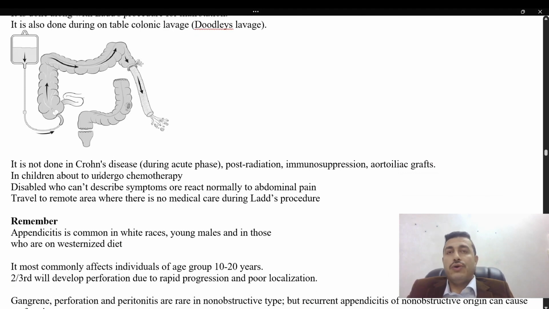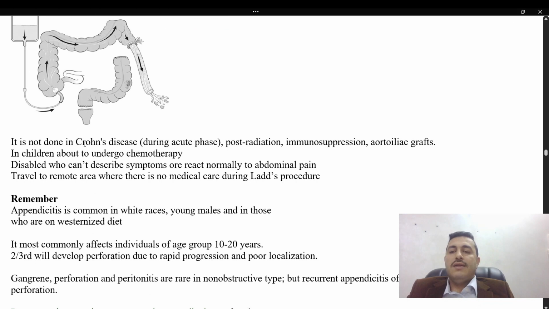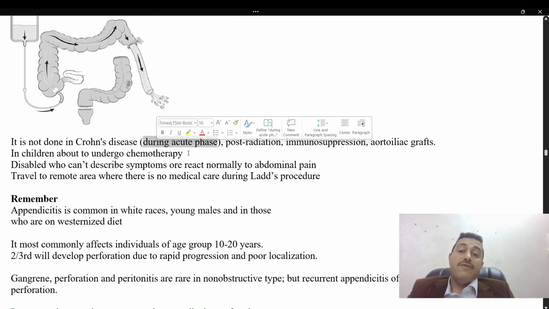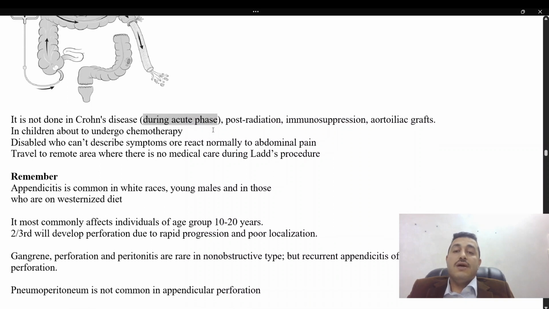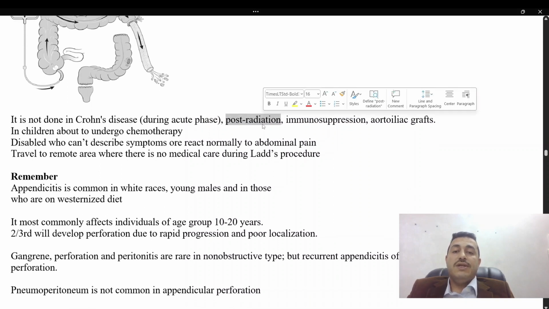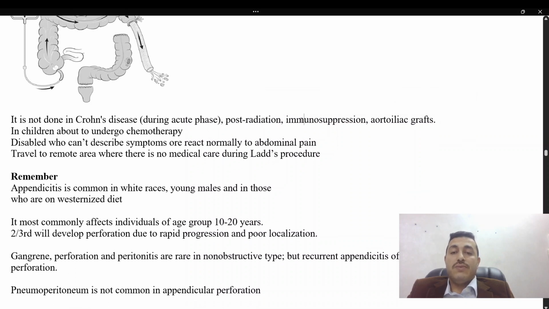incidental appendectomy or appendectomy in patient with Crohn's disease in the acute phase, if we know that the patient has Crohn's disease, or post radiation, or in immunosuppression, or aorto-iliac graft. Some of you will ask, Crohn's disease, we said that if Crohn's disease and normal appendix, we remove it. This is when we do not know that the patient has Crohn's disease.